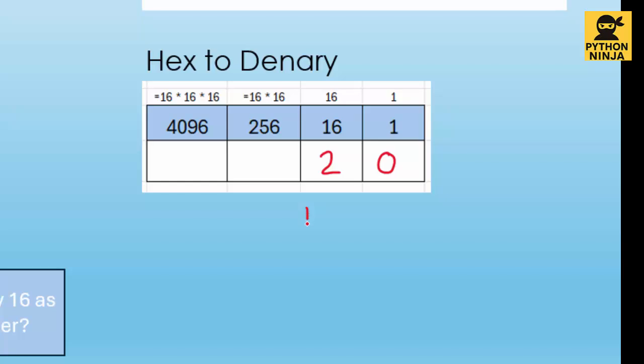So we do 16, which is the value of the column, times 2, which is obviously 32. Excuse the handwriting. And we haven't got any values in here. So 32 plus nothing is indeed 32. So hex 20 is equivalent to denary 32.